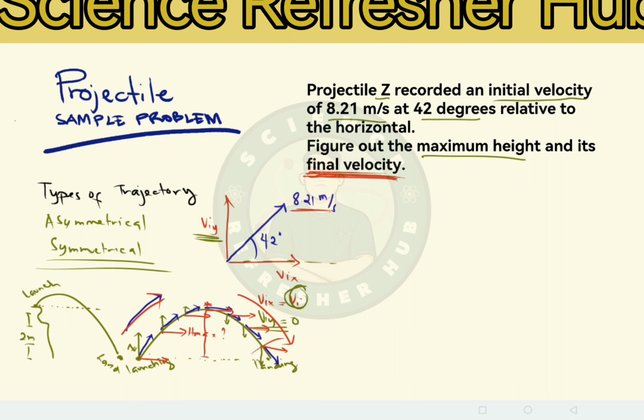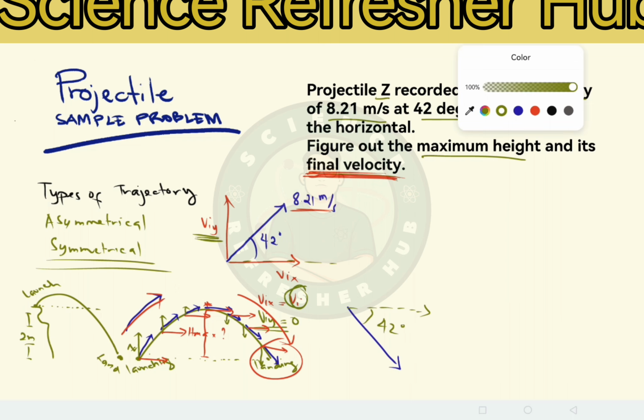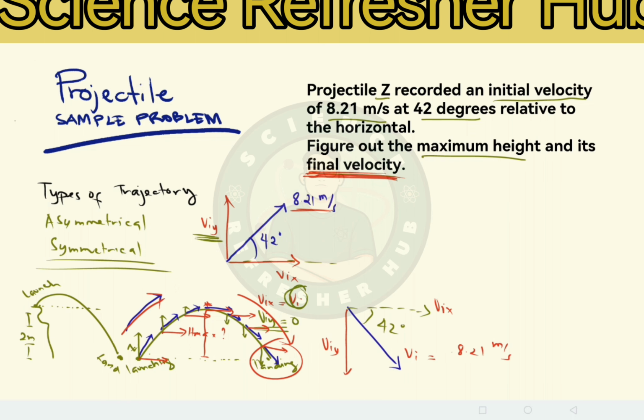Here we can say that our velocity is changing its direction, and with respect to the horizontal, this is still 42 degrees. But if you notice, VIY flips because it changes direction, and our VIX remains constant. It doesn't change. Our velocity, as expected, is 8.21 meters per second, but we have the negative as it goes down.